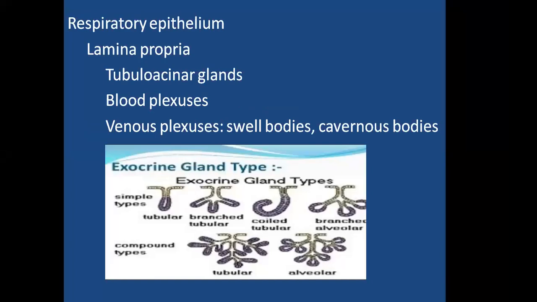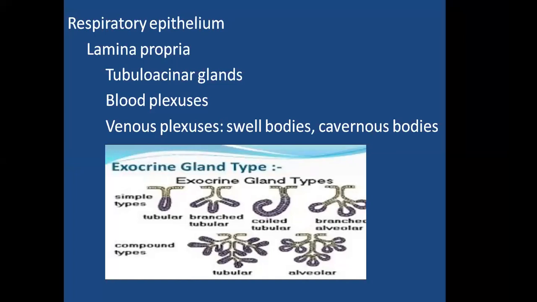Now, this nasal cavity proper consists of respiratory epithelium, we already know, and then beneath the respiratory epithelium there is the lamina propria. The lamina propria is the loose connective tissue which contains the tubuloacinar glands. Which tubuloacinar glands?